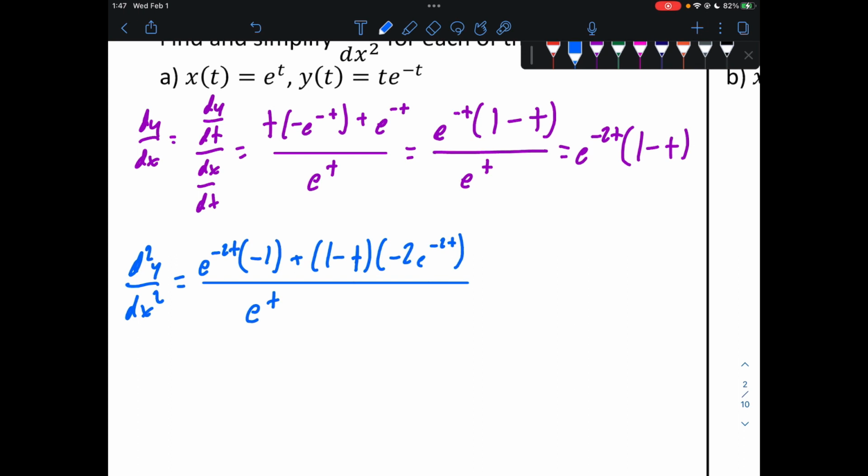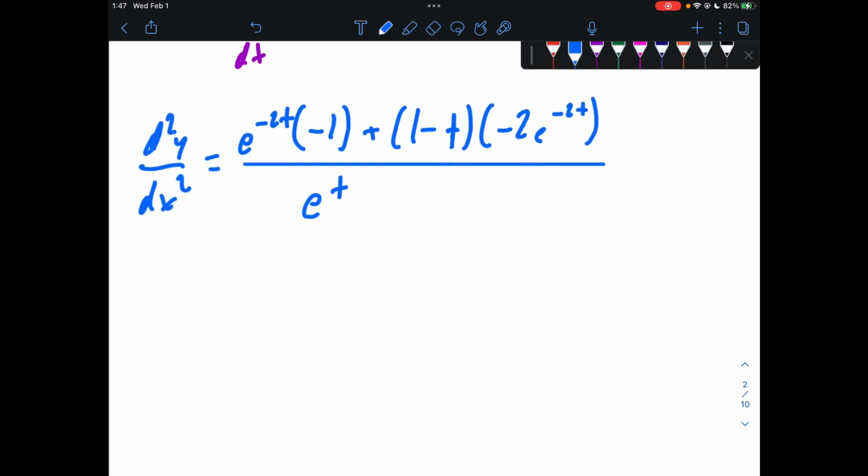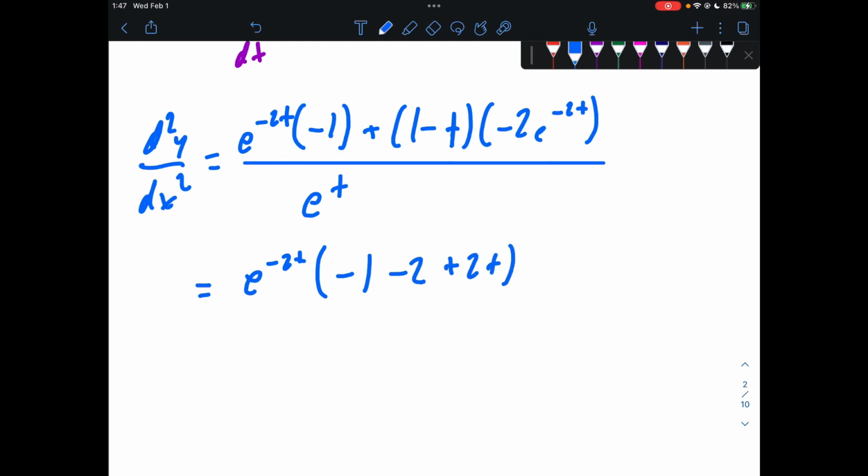The directions do say that we should simplify as well. So let's simplify what we can here. If we take out an e to the negative 2t, we're left with negative 1 minus 2 plus 2t over e to the t.